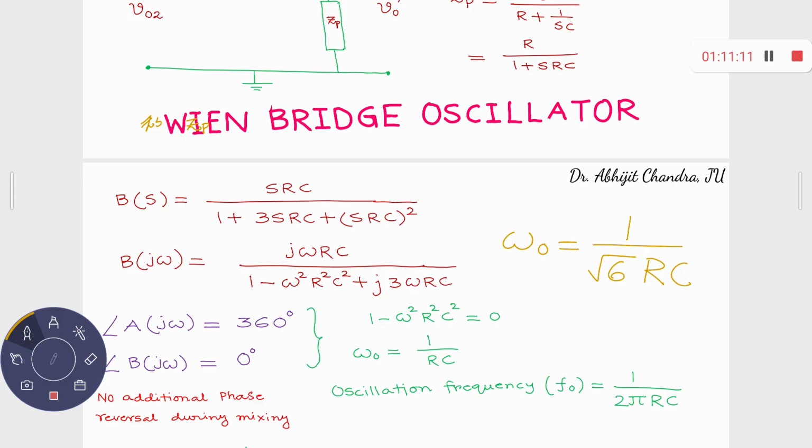We have discussed two RC oscillators today: one is the phase shift oscillator and the second one is the wine bridge oscillator. Hopefully in the next class we will discuss two LC oscillators, namely the Hartley oscillator and the Colpitts oscillator.